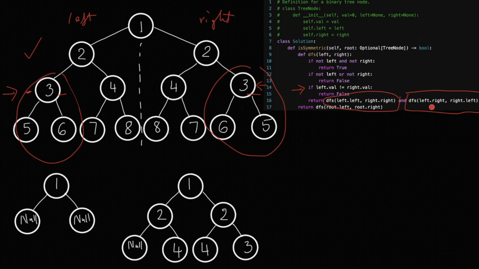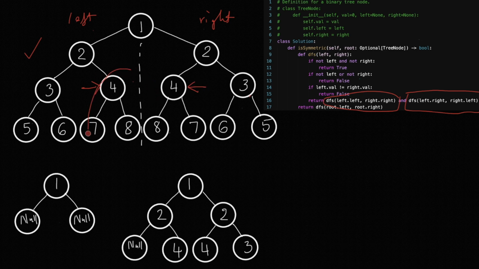How about the second call right here? Left.right means this node right here, which is 4. Right.left is this node right here. Or in other words, we are comparing this subtree and this subtree. So again, because none of the nodes we're looking at is null, we would skip these conditions.